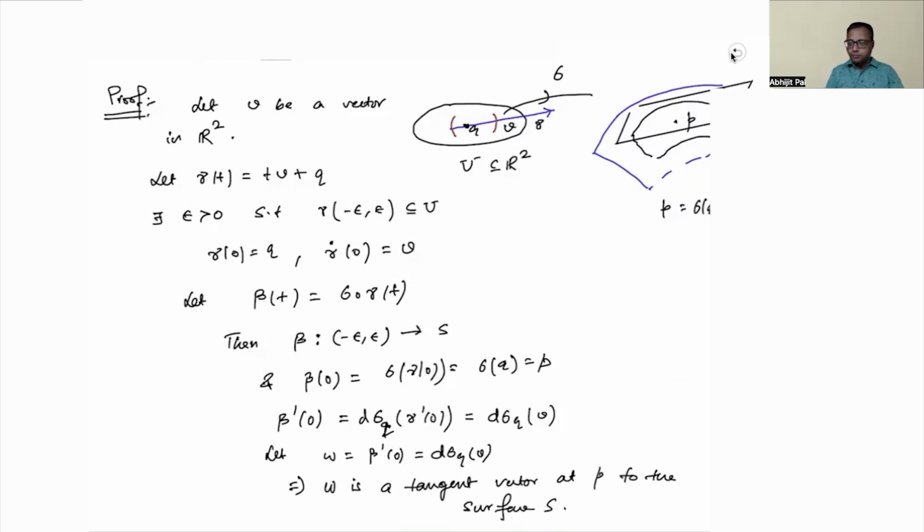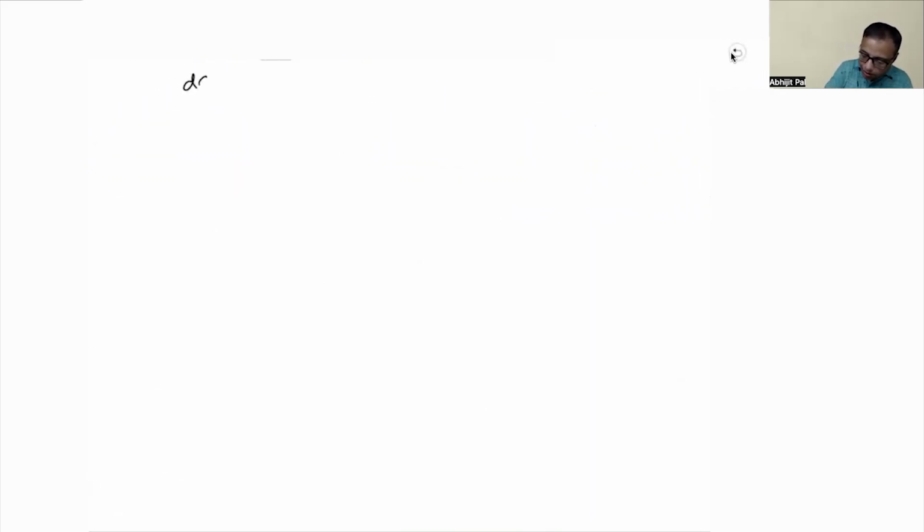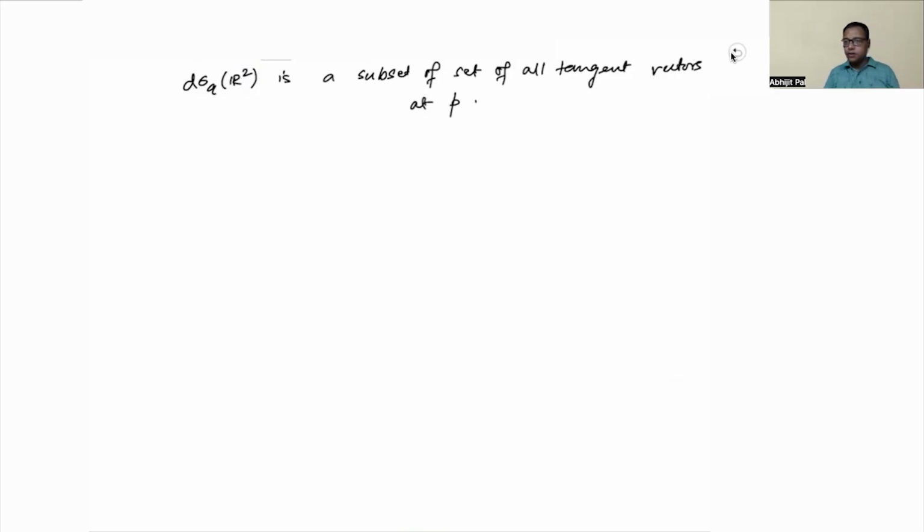Okay, and so what we have shown is that d sigma q of R2 is a subset of the set of all tangent vectors at P. Okay, all right.